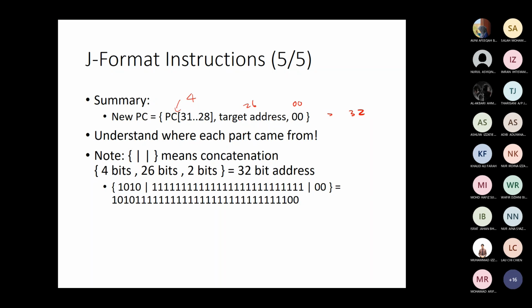So understand where each part came from: the 4 bits from the PC, the 26-bit target address, and the 2 bits for word alignment. When we combine, we get the 32 bits.